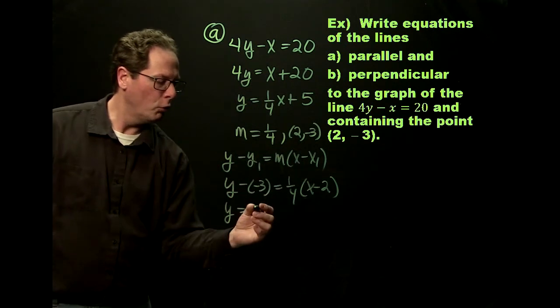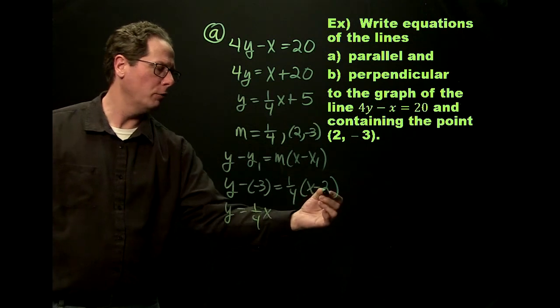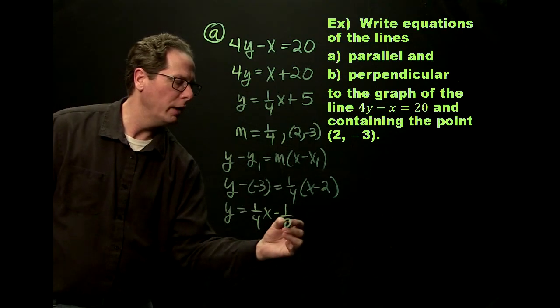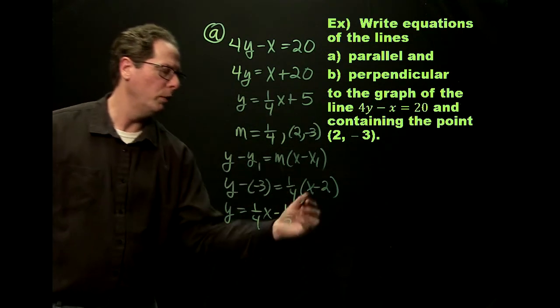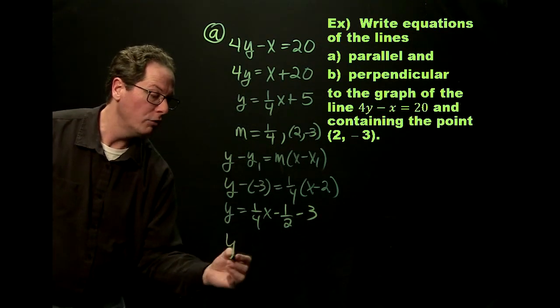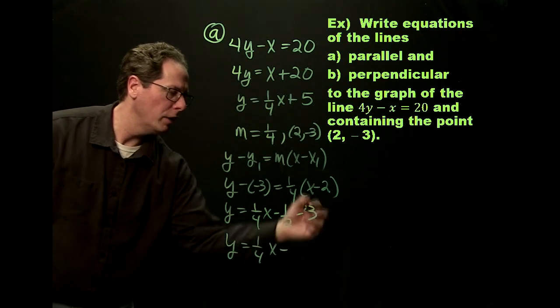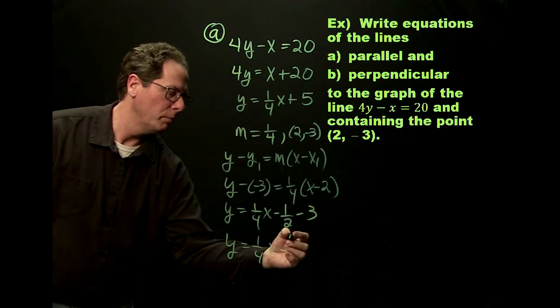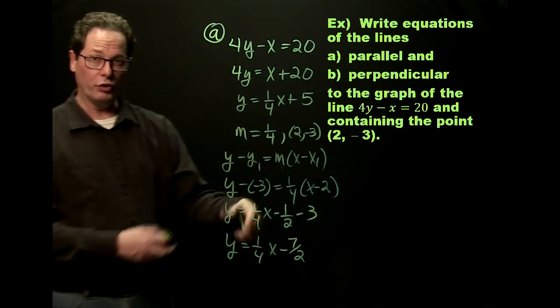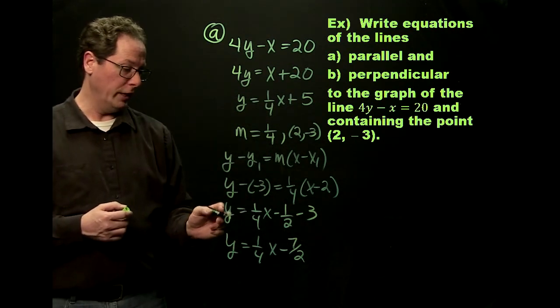You get 1/4 x, and then 1/4 times minus 2 is minus 1/2, and then this is a plus 3, but when we bring it over, it's a minus 3. So be careful with those negative signs. So you get y equals 1/4 x minus, now this is 6/2, so that would give us minus 7/2.